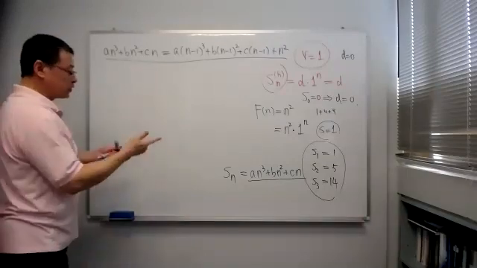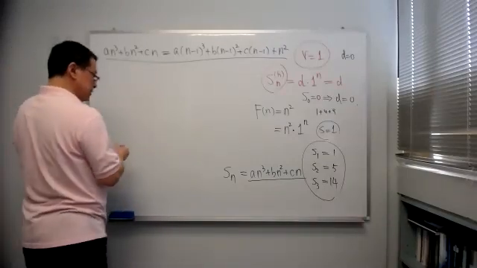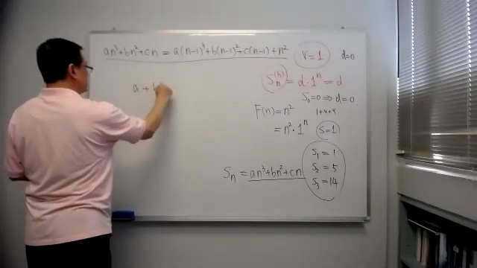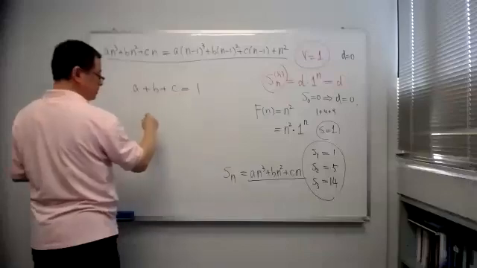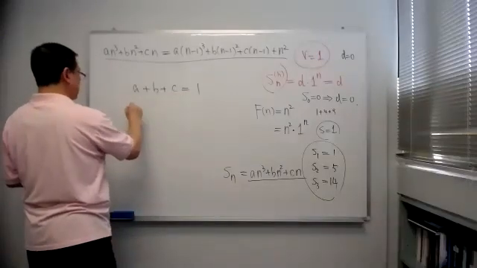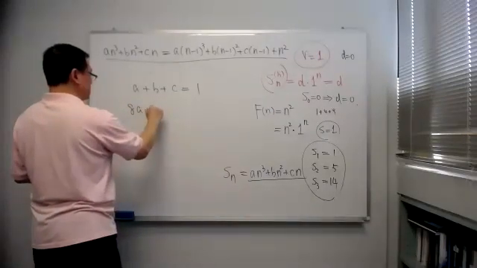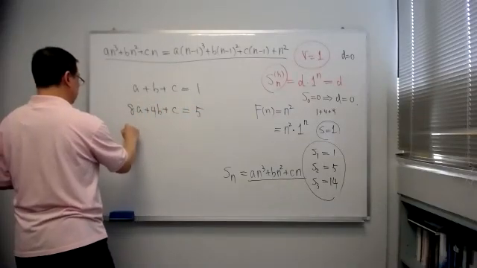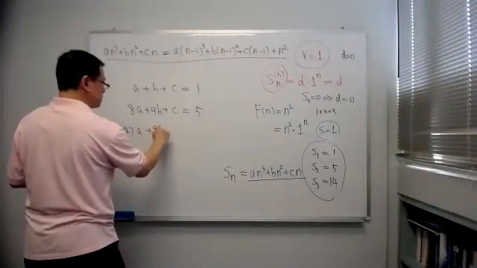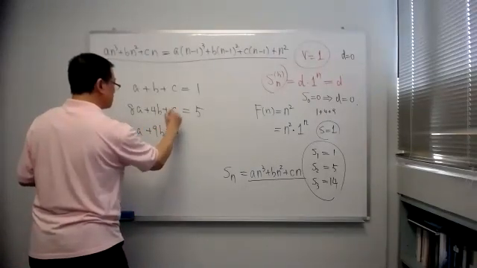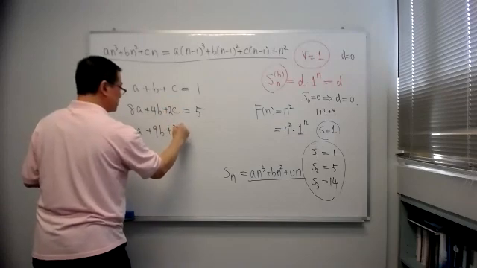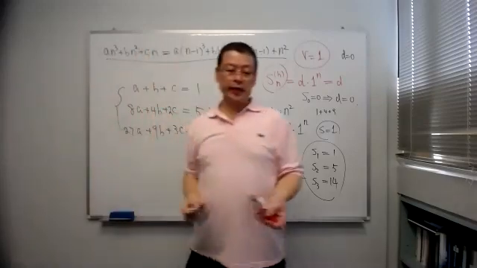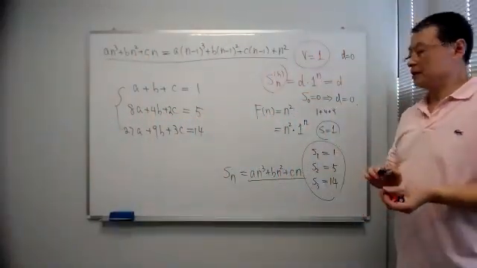For n equal 1, 2, 3, that's what we get. So we have 3 linear equations.